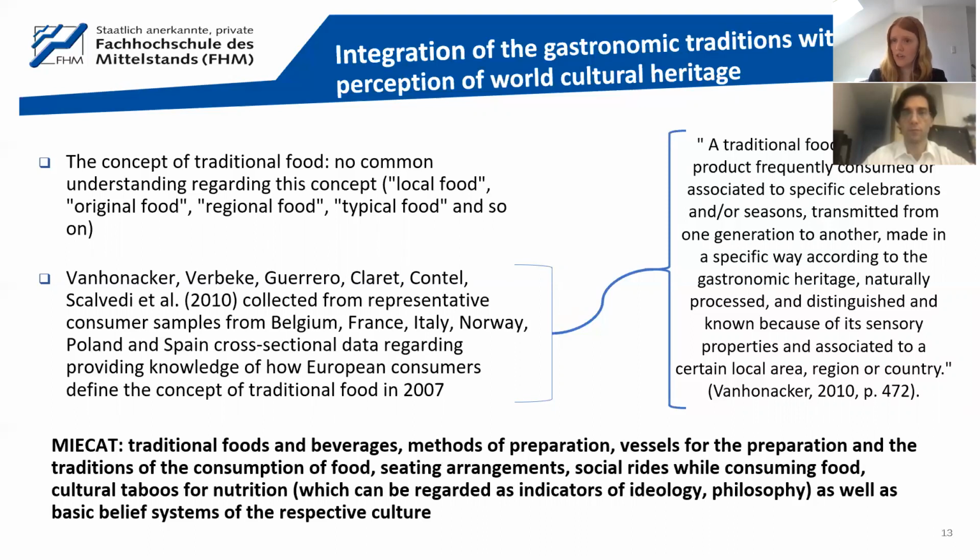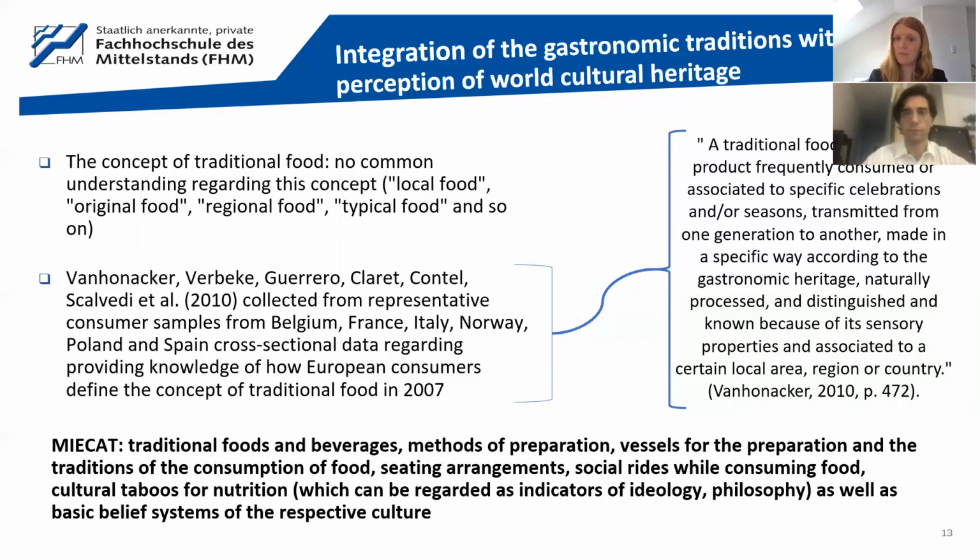So there are different terms used as synonyms like local food, for example, or regional food. And there's a research group around Van Honecker et al. And they tried to ask consumers from diverse nations like Italy or Spain, for example, how they would define a traditional food.